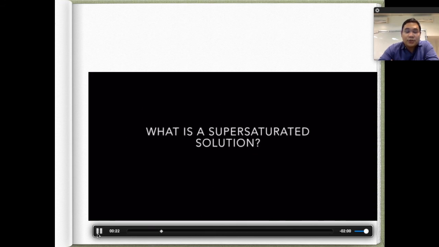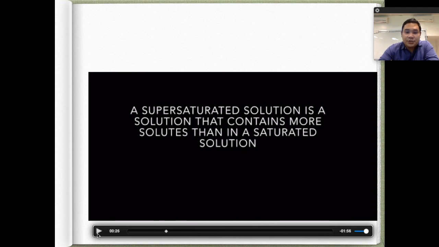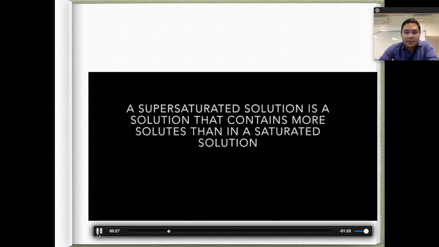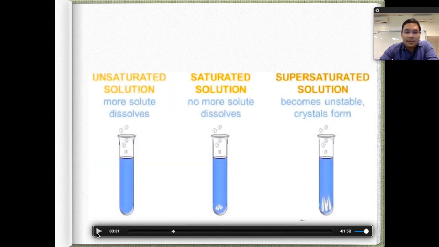And what is now a supersaturated solution? A supersaturated solution is a solution that contains more solute than in a saturated solution. Now, in order for us to understand this, let's try this sugar-water experiment to define the terms unsaturated, saturated, and supersaturated.